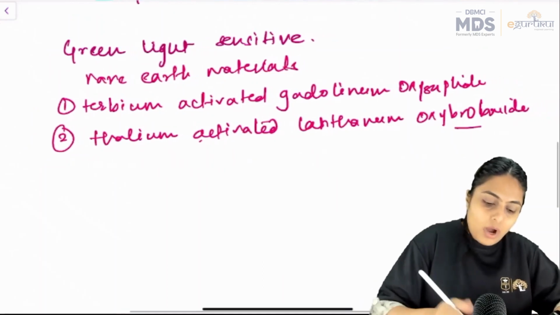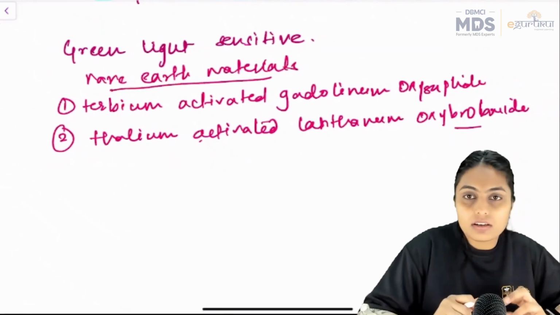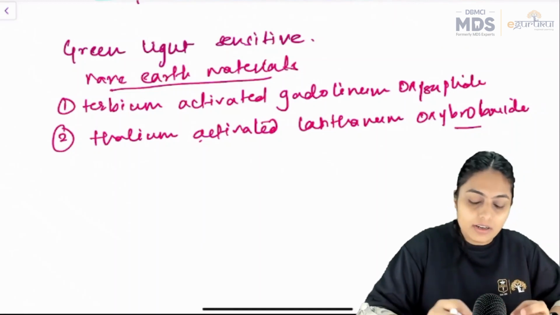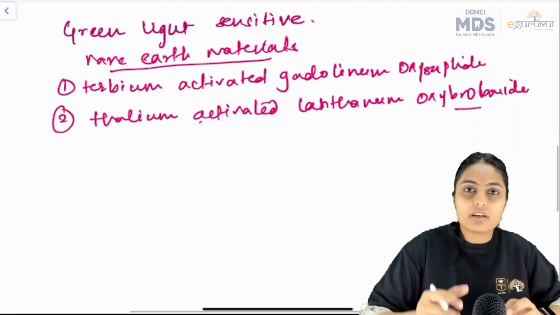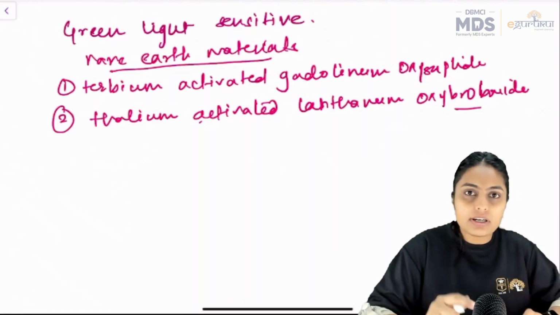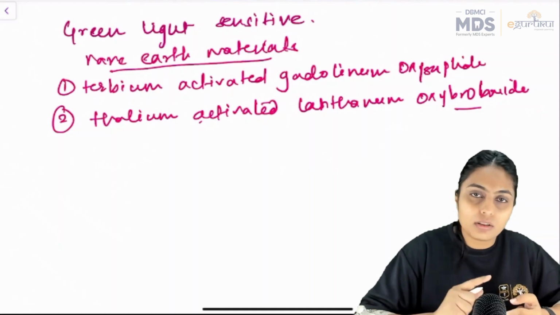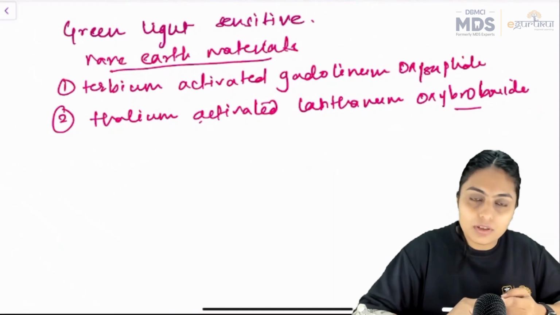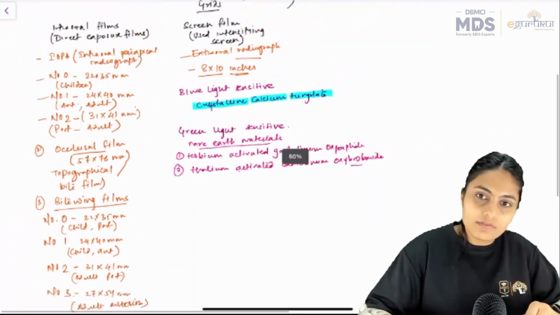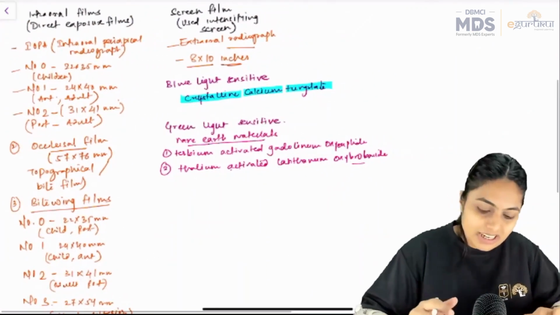Now why are these called rare earth materials? Not because they are very rarely found, but because they are very difficult to extract from the ground or earth. Therefore it is called rare earth material, not that they are very rarely found. So just remember this. We have studied intraoral films and screen films.